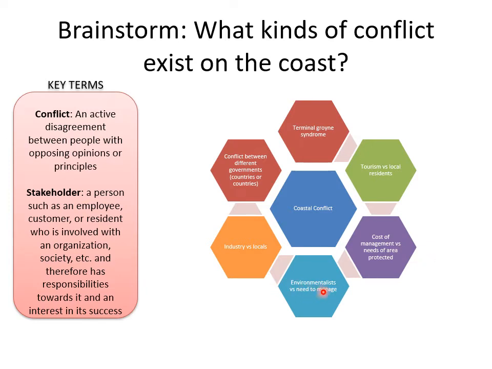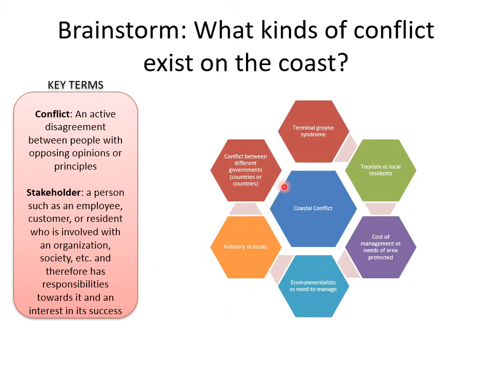It might be environmentalists versus the need to manage. Environmentalists might be quite happy with natural processes going on. People might actually need to manage it, and that might damage things like bird sanctuaries and things like that. It might be industry versus locals. It might be people want to do fishing or the oil industry or something like that, and not particularly positive for locals.